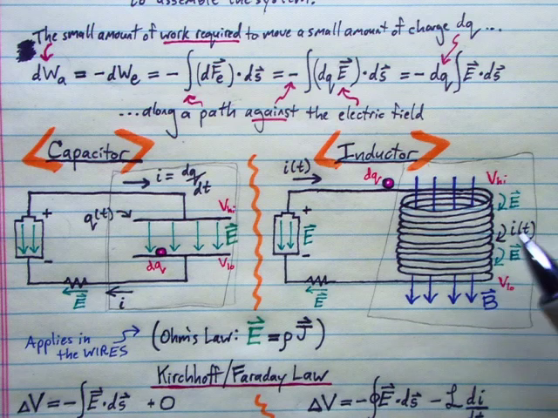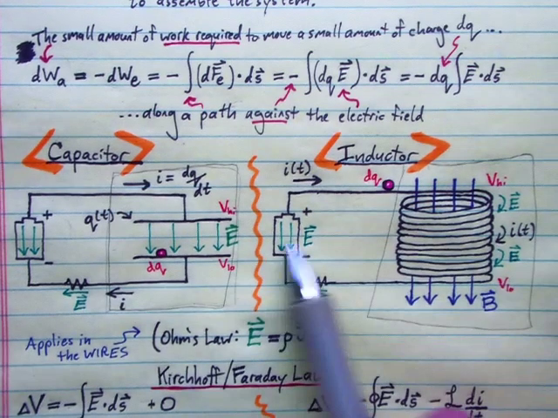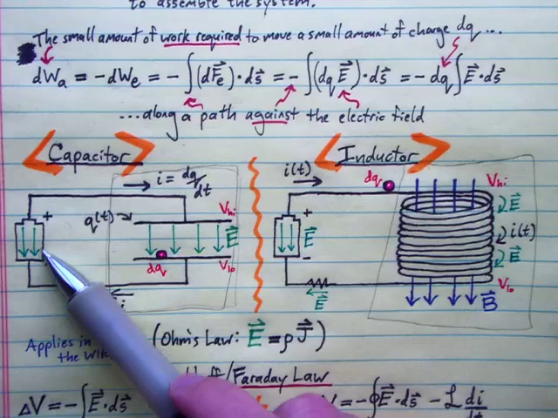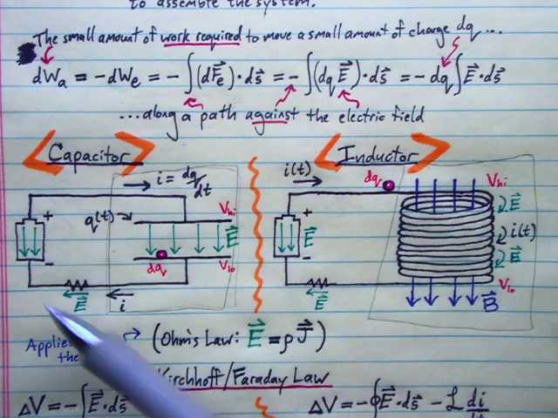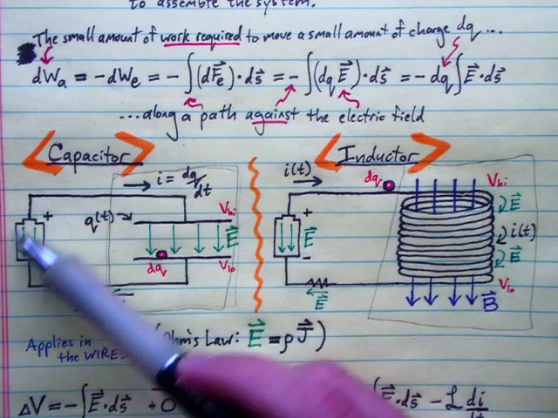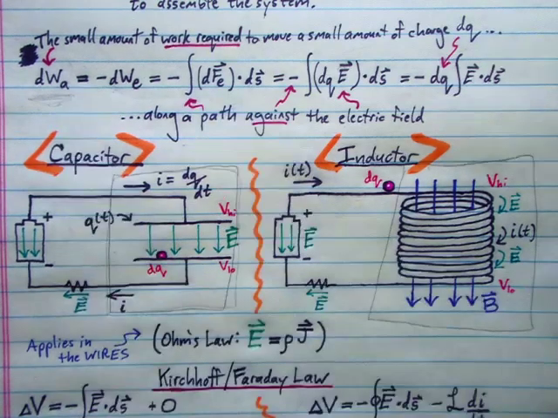So we're basically going to be transferring energy from the battery into the capacitor, and here from the battery into the inductor. So as I say, the work we do, what I'm going to mean is the work done by the battery, meaning the work done by the chemical reaction occurring inside the battery. That is the external agent doing this applied work right here.